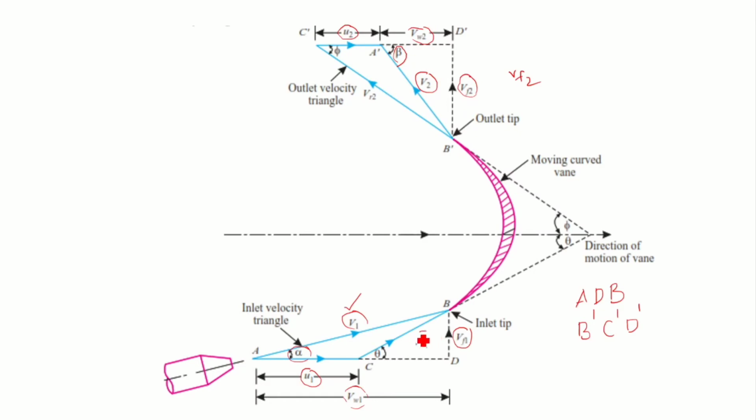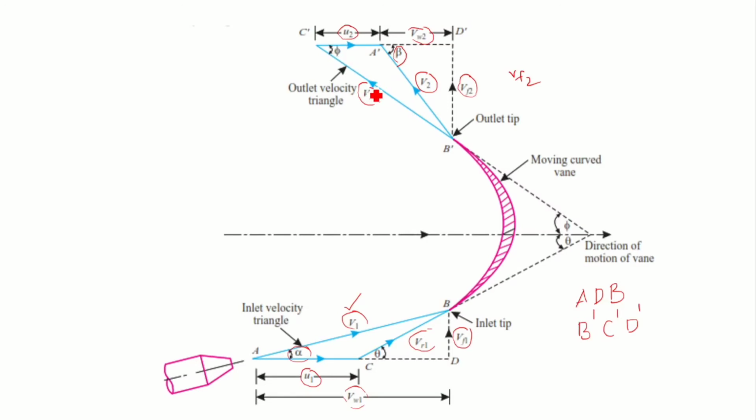Relative velocity at inlet is Vr1, and relative velocity at outlet is Vr2. The relative velocity makes an angle of theta at the inlet, that is the blade angle at the inlet, and the blade angle at outlet is phi.